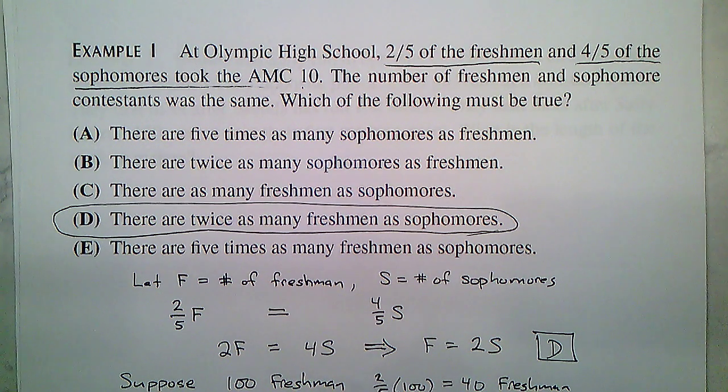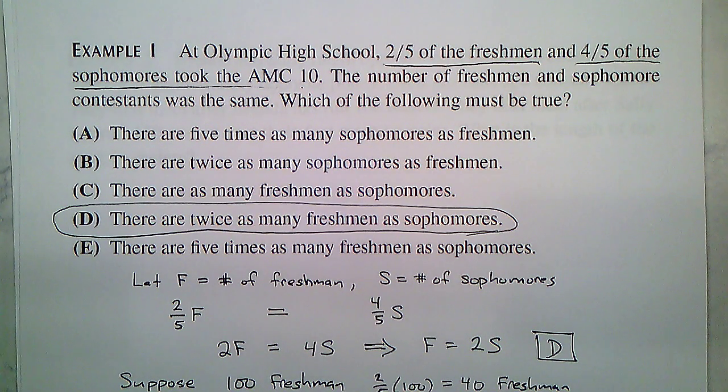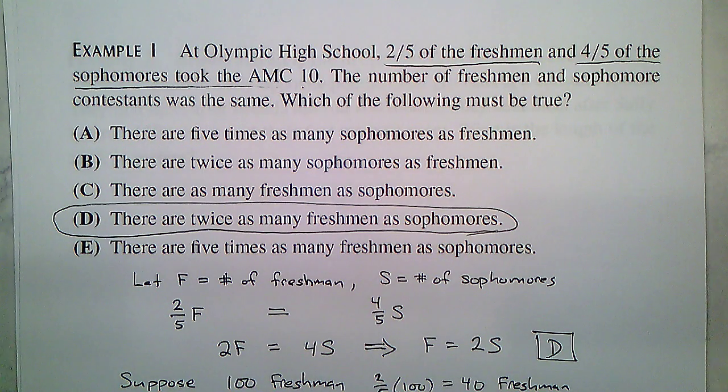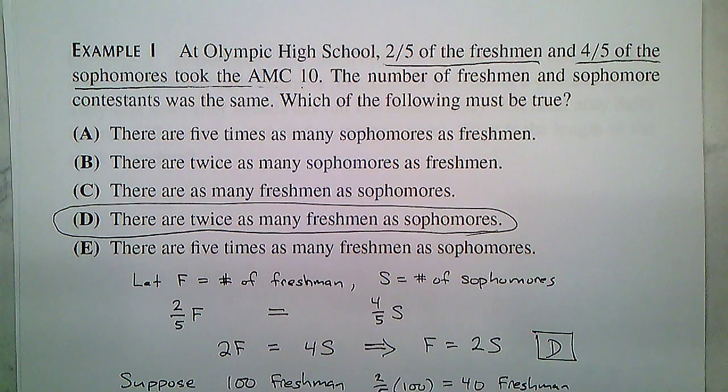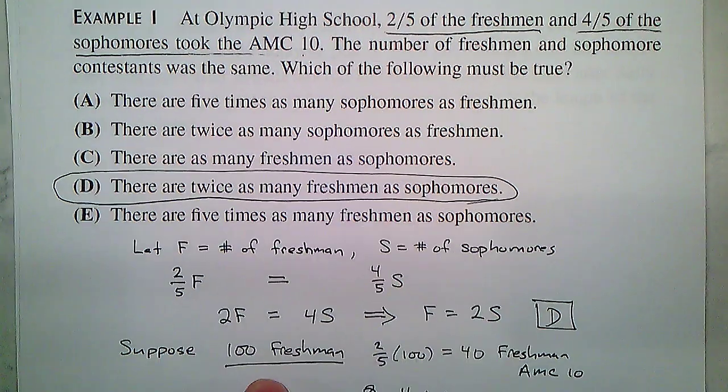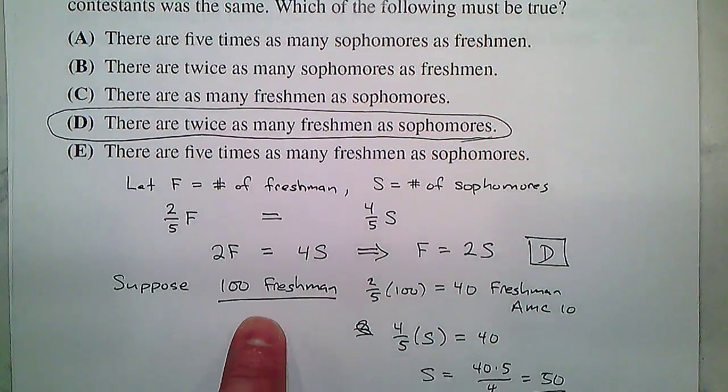So 4/5 of the number of sophomores equals that 40. Now we could solve for S, and what would we get? Well, S would be 40 times 5 over 4, or 50. So there were 100 freshmen to begin with. There are 50 sophomores.